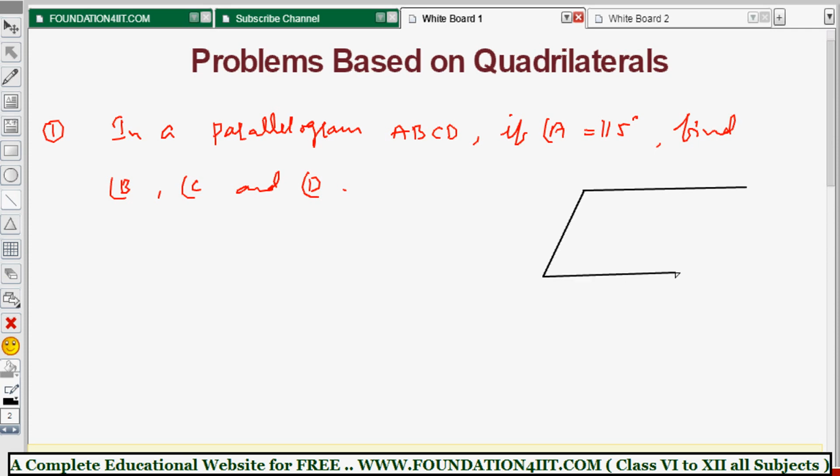Whatever the question is asking, we should know the properties of that particular quadrilateral. If the question is about a parallelogram, we should know the properties of a parallelogram.